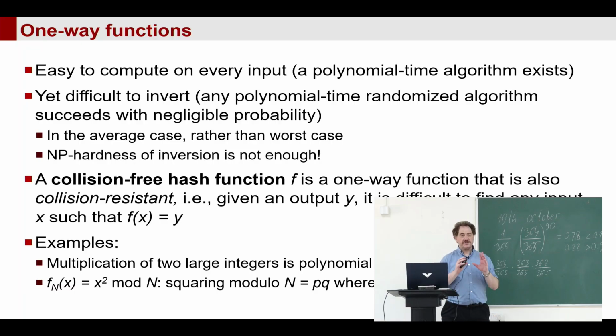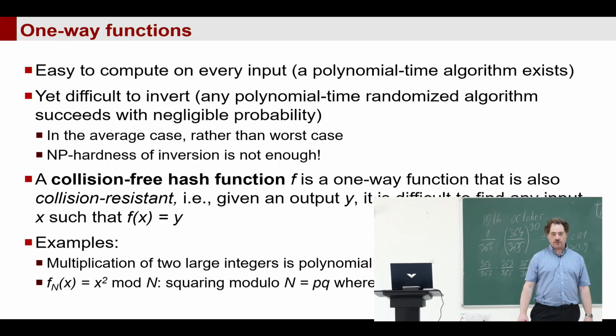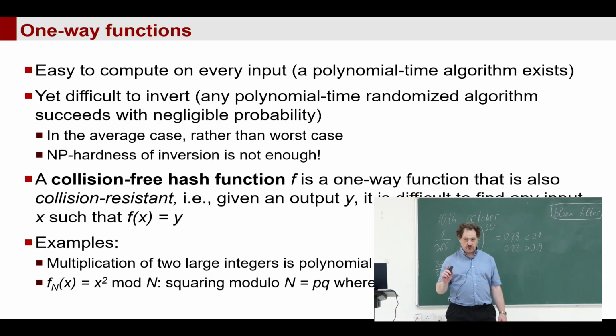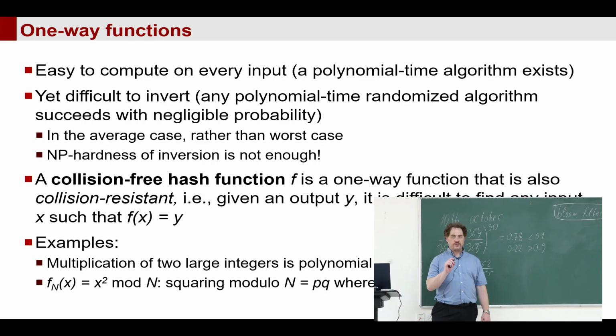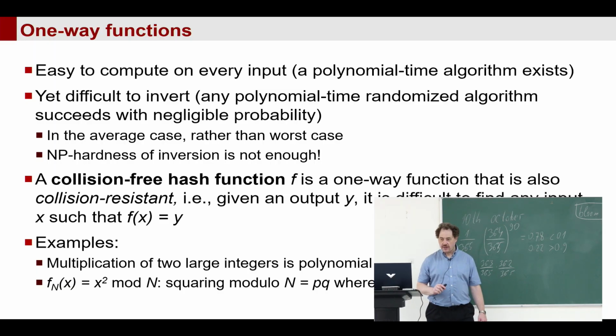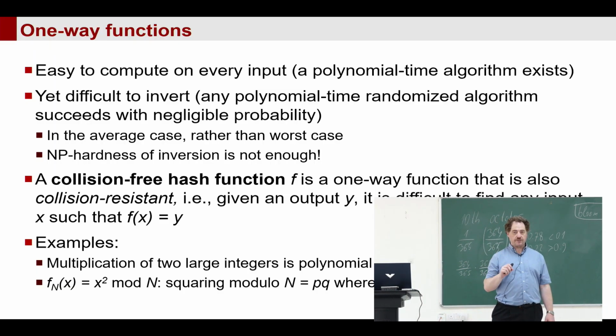Okay, what does it mean, difficult? Here we need to be careful, because in computer science we associate difficulty with NP-hardness. This is not what we use for one-way functions. Why? Because NP-hardness means that there are some difficult instances.